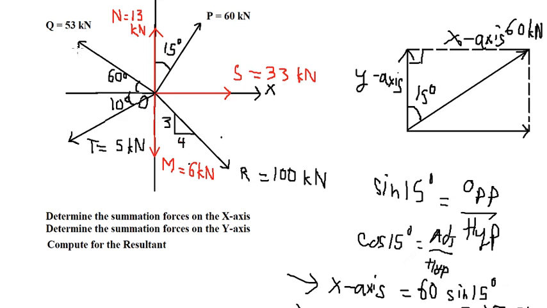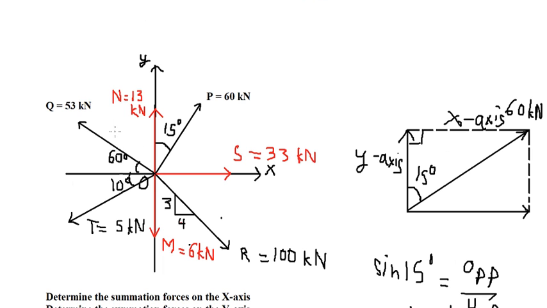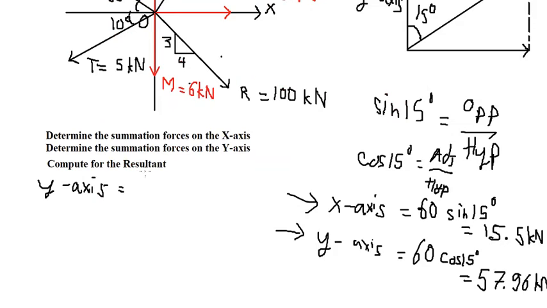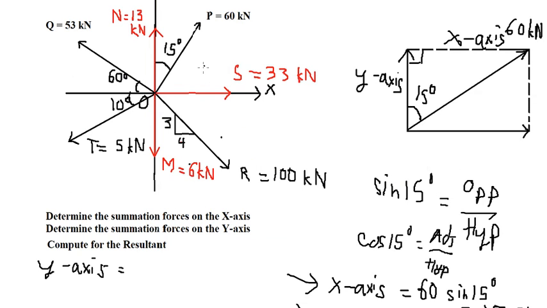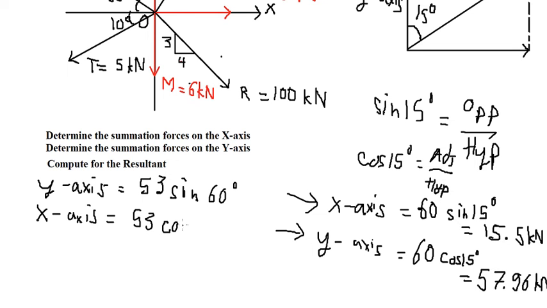For this one we use the same technique, and this one is for the y-axis. For this vector in here, we have 53 multiplied by sine 60 degrees, and the next one, the x-axis, is 53 multiplied by cosine 60 degrees.